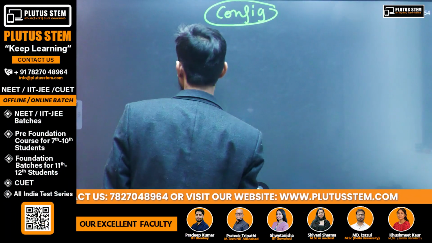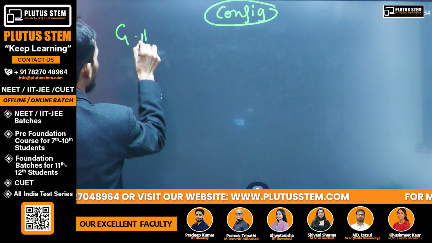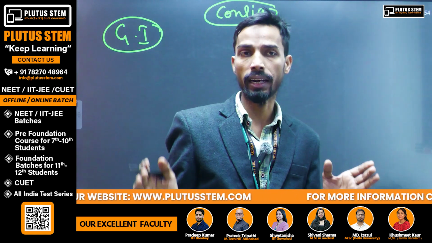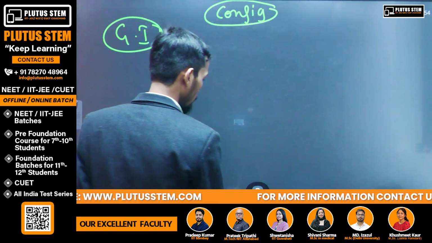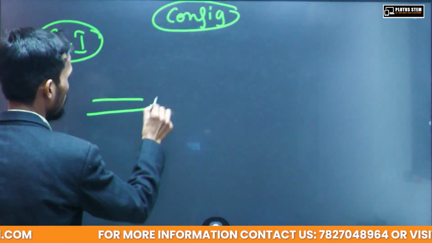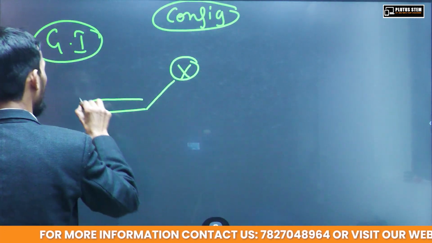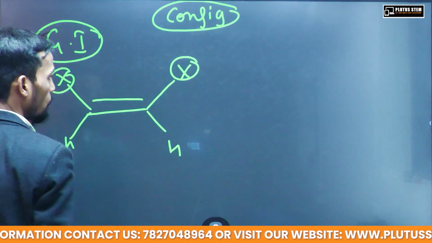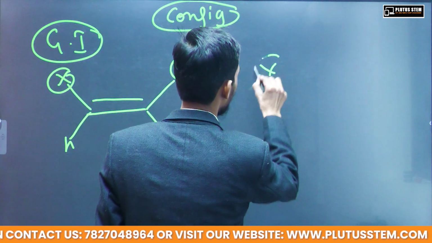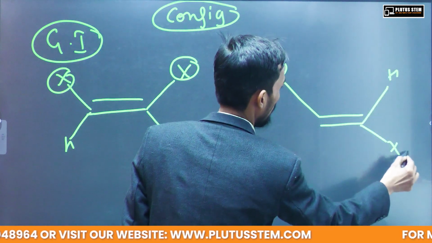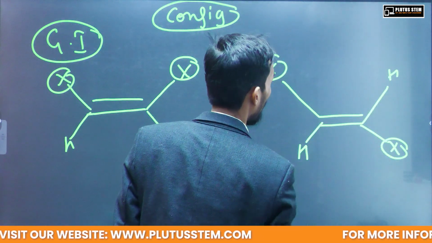generally these are of two types: geometrical isomers, the isomers which we are seeing in a double bonded carbon, restricted rotation. This is X, this is X, and these are hydrogen, this is hydrogen, and another possibility is this is X, this is hydrogen, again X, and this is hydrogen.